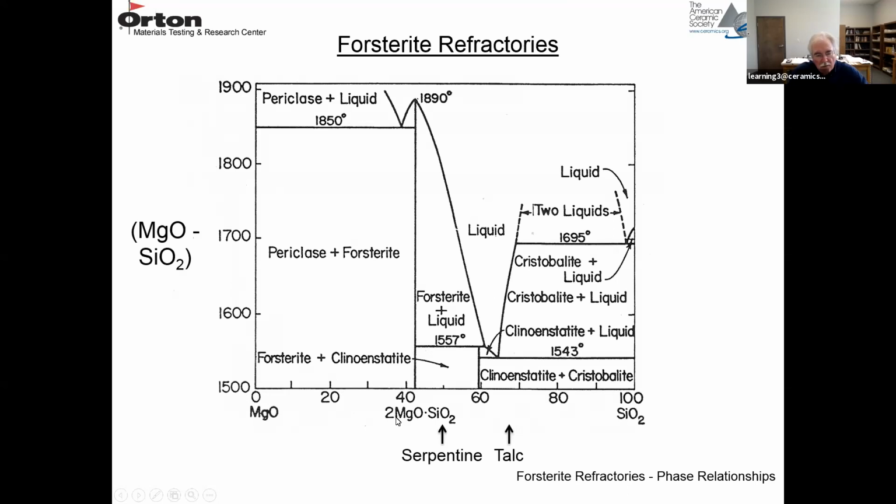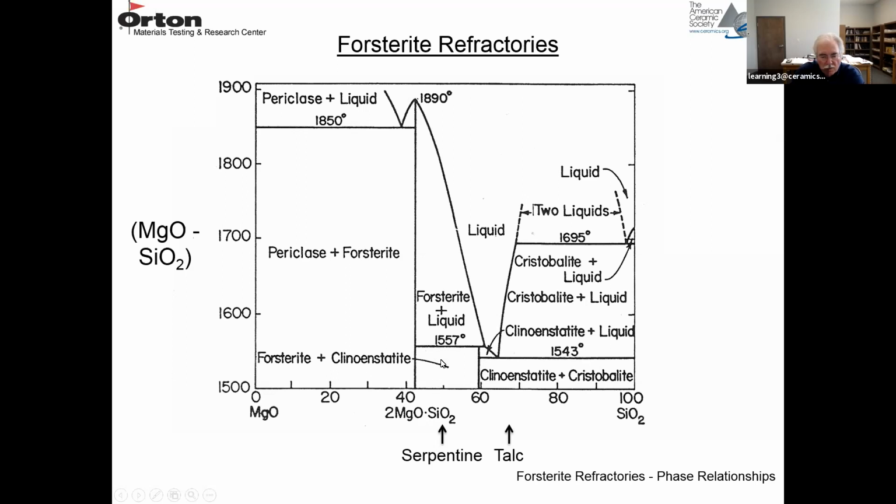If you're to the left of forsterite, 2MgO·SiO2, if you're in this region here, you have two phases, MgO and forsterite, and no liquid forming till 1850 degrees C. But if you're on the other side of this phase diagram, higher in the silica content, you have these low melting materials, liquid forms here at 1557 and then 1543.